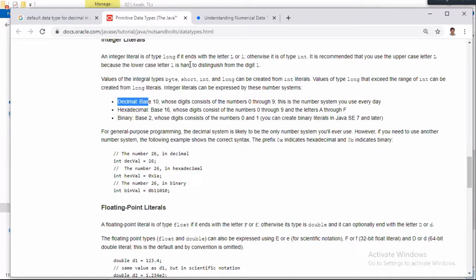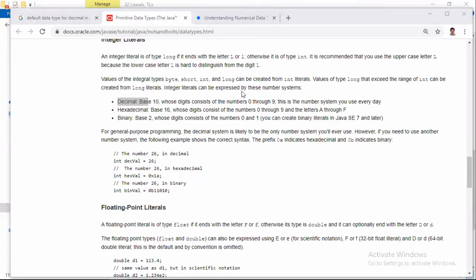An integer literal is of type long if it ends with the letter L or l. Otherwise it is of type int. It is recommended that you use the uppercase letter L because the lowercase letter is hard to distinguish from the digit one. Values of the integral types byte, short, int, and long can be created from int literals. Values of type long that exceed the range of int can be created from long literals.